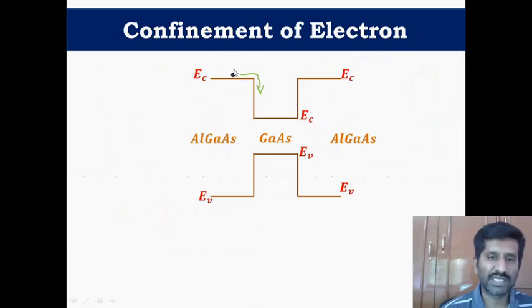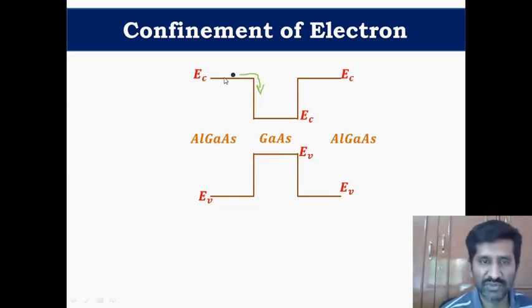Now, the very important part of this discussion: I am going to apply confined wave motion to the free electron wave. Let us consider one heterostructured semiconductor in which, in between wide gap aluminum gallium arsenide, I am sandwiching narrow gap gallium arsenide.